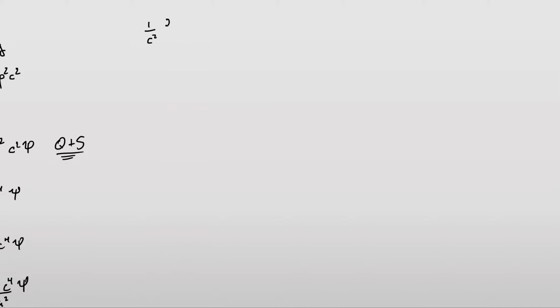So it looks like d dt minus squared. This is our operator, and the eigenvalue for this operator is m squared c squared over h bar squared psi.